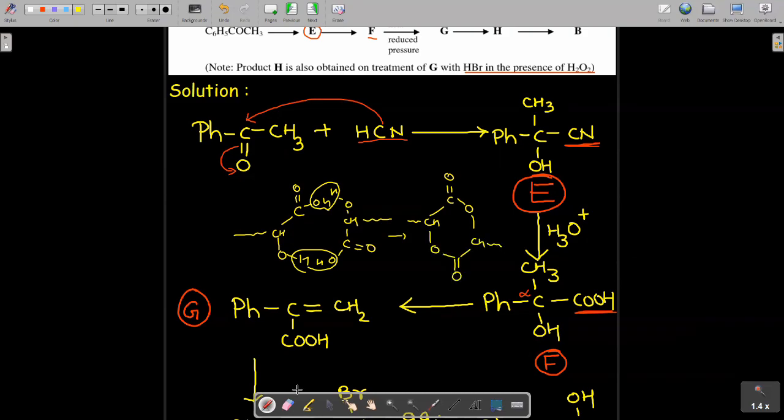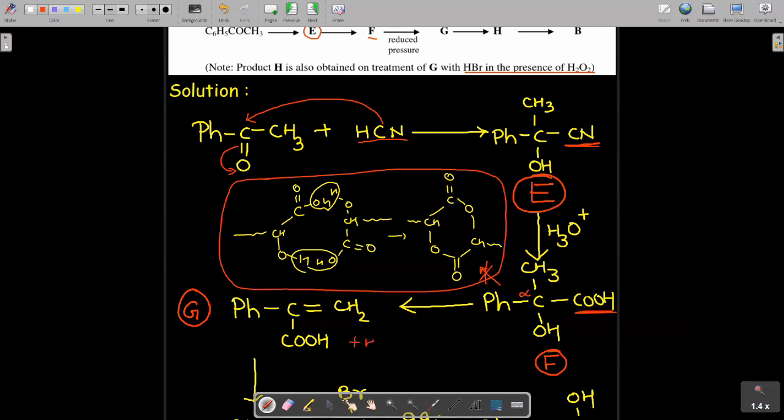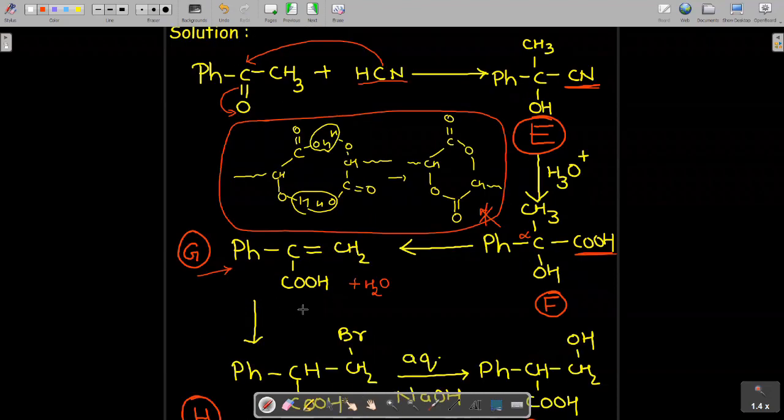But if I talk of this lactone formation, then the number of molecules in the reaction is decreasing. From 2, it will become 1. But as it is said that the pressure is low, under reduced pressure it should be increasing. So this molecule, instead of this pathway, will go to this reaction in which it dehydrates. So from 1 molecule, you are getting 2 molecules. This particular one is G. This G has been asked in a similar way in 2021. Yes, this particular one has been asked in 2021.